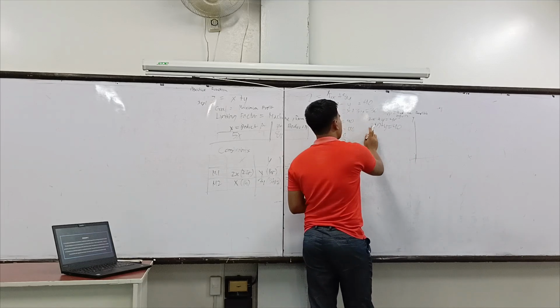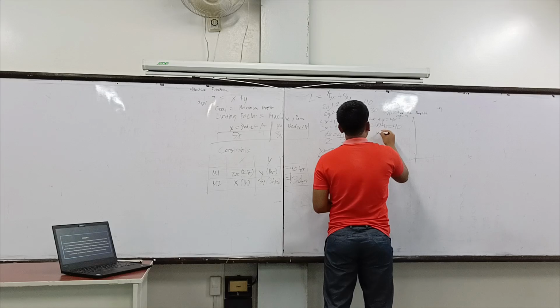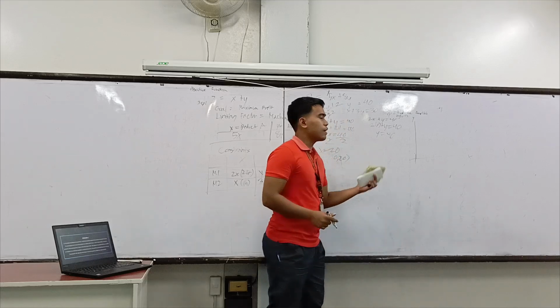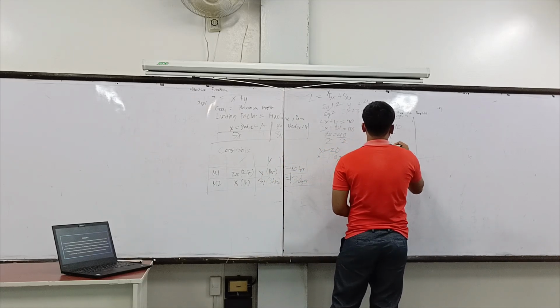Simplify it, 2 times 0 equals 0. Now, we'll bring down the remaining value, y equals 40. Ganyan na kadali. And our value of y is 40.